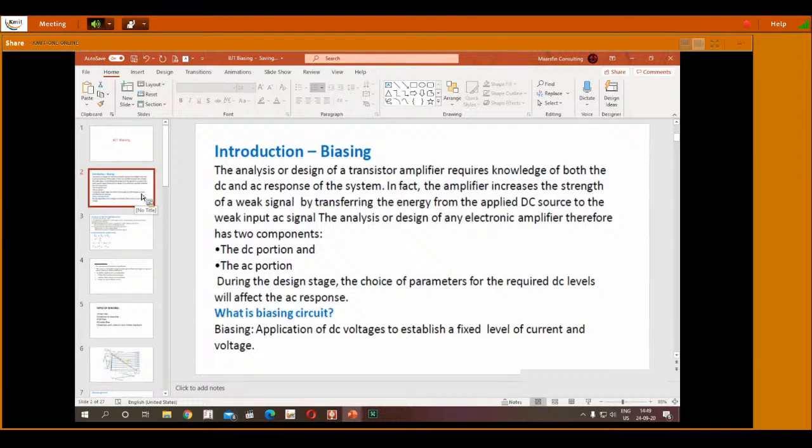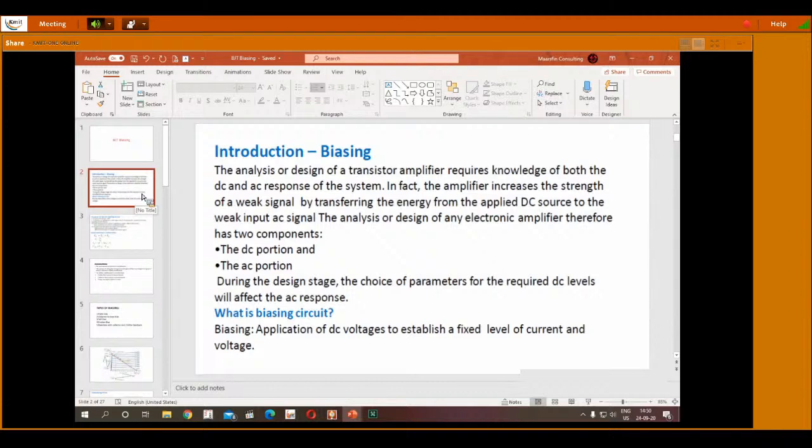So this BJT can't amplify the AC signal until you apply a proper DC signal, as well as proper resistor values of RB and the proper value of the collector resistance RC.